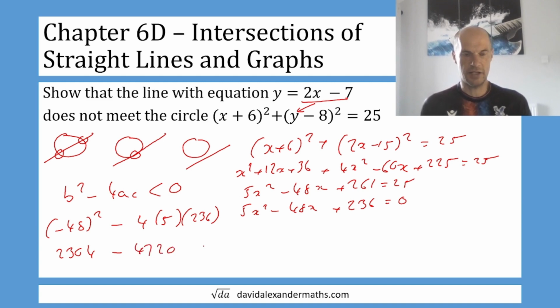I mean, we could work this out, but it's fairly obviously going to be a negative answer. So −2416. So because the discriminant is less than 0, there are no solutions to this quadratic equation. Therefore the line does not meet the circle.